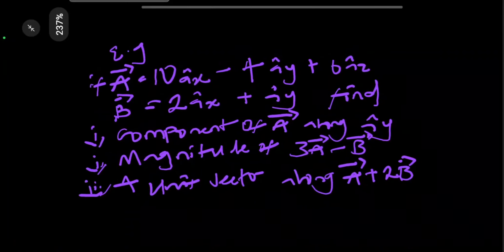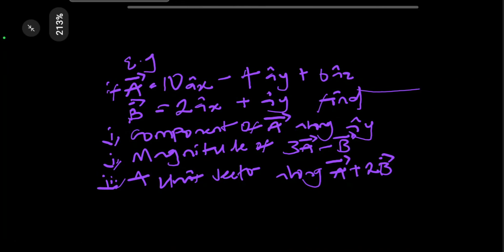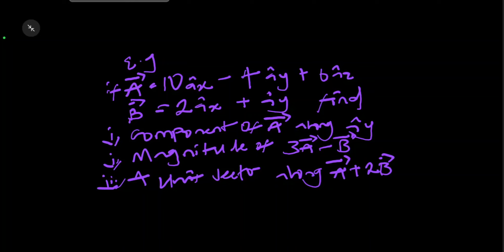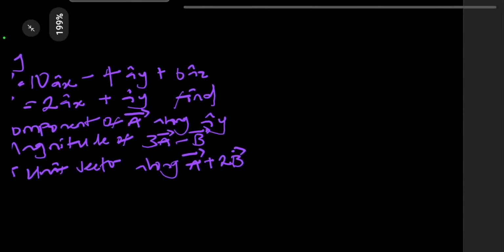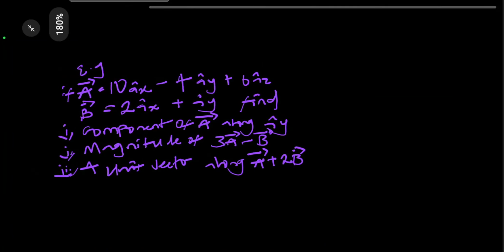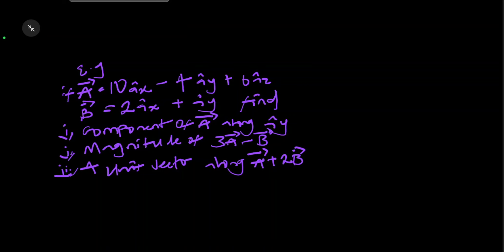From the question here, the first question asks for the component of the first vector along the unit vector.